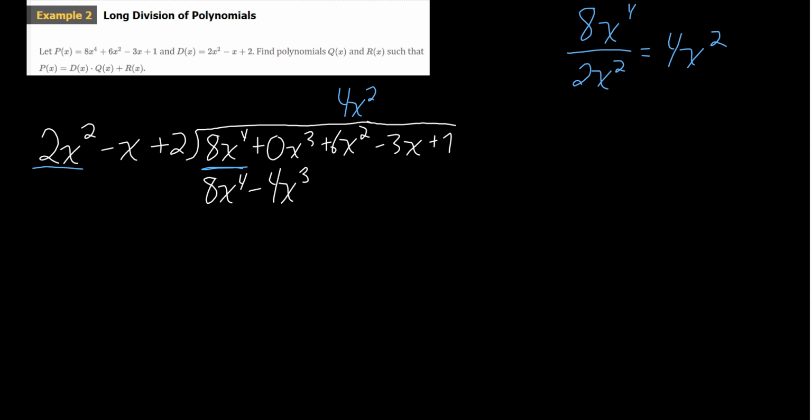If I didn't have this 0x cubed right there, I'd probably be putting this negative 4x cubed under that 6x squared, and things would be a little confusing. So it does help to keep things in order. 4x squared times 2 is plus 8x squared.